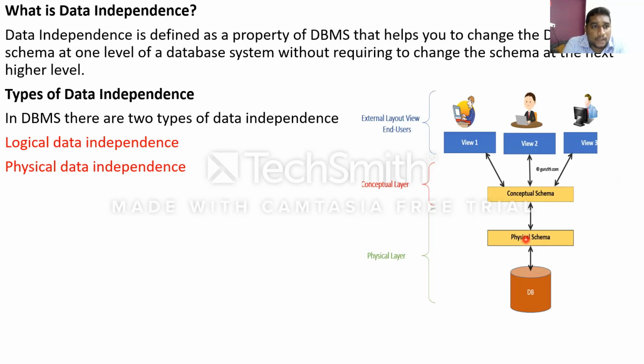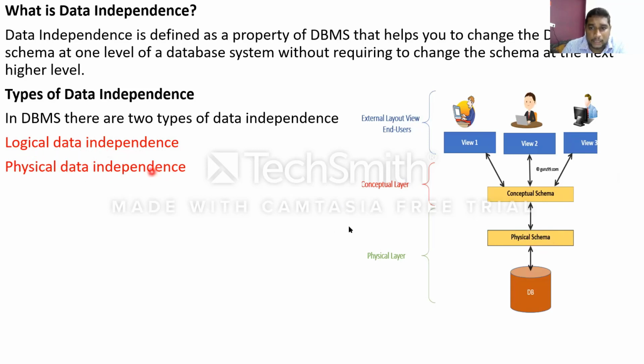We have two types of data independence: logical data independence and physical data independence. Logical data independence means whatever we change at the conceptual schema or logical schema should not affect the physical level. That concept is called logical data independence.